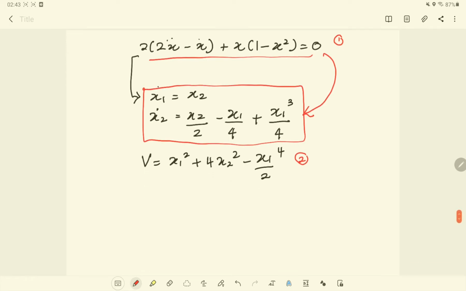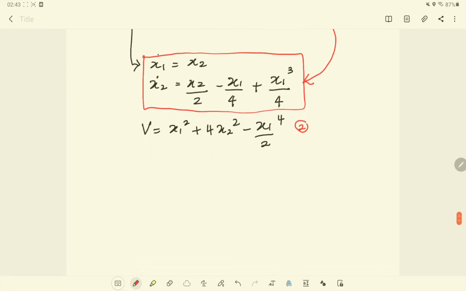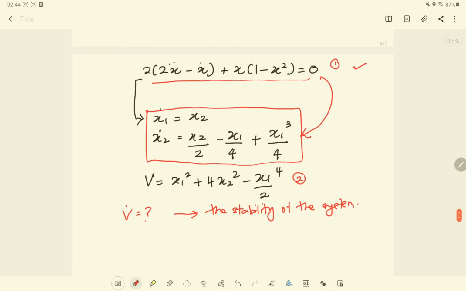Then, by using the Lyapunov function given, you have to find V dot in order to determine the stability of the system.